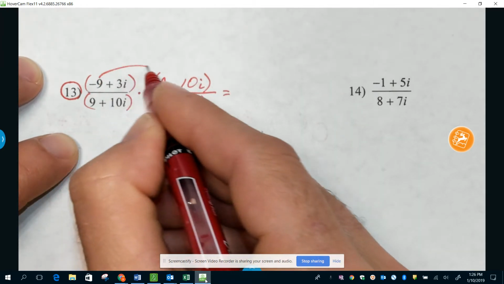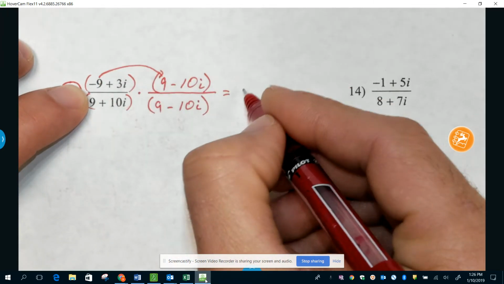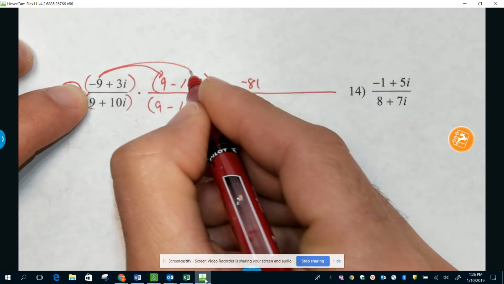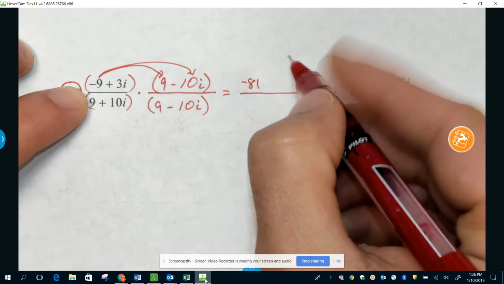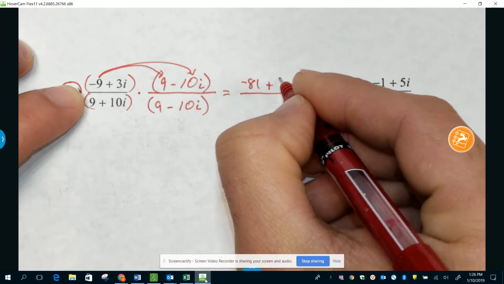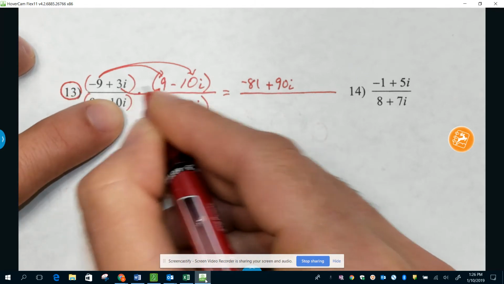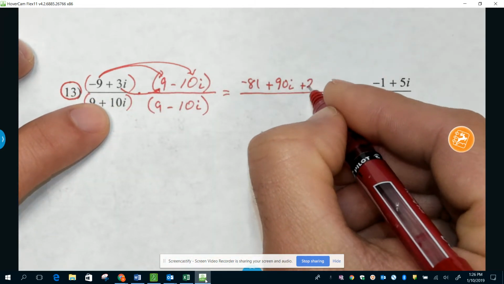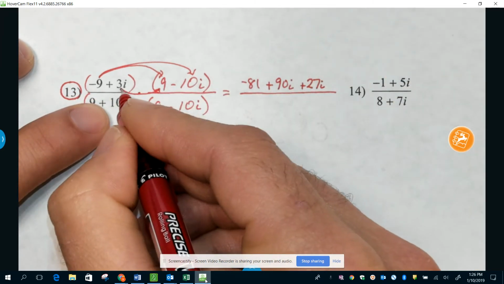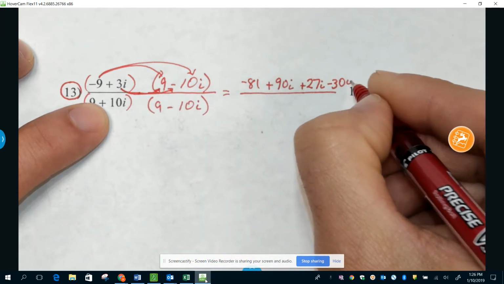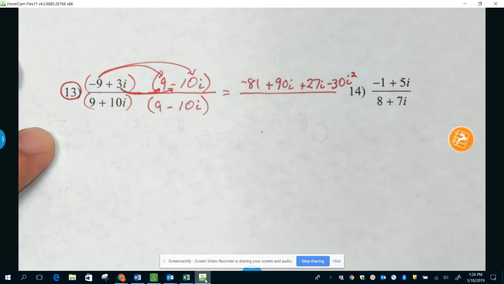All right, so when I distribute the numerator, negative 9 times 9, negative 81. Negative 9 times negative 10i, positive 90i. 3i times 9 is positive 27i. And then 3i times negative 10i is going to be negative 30i squared.